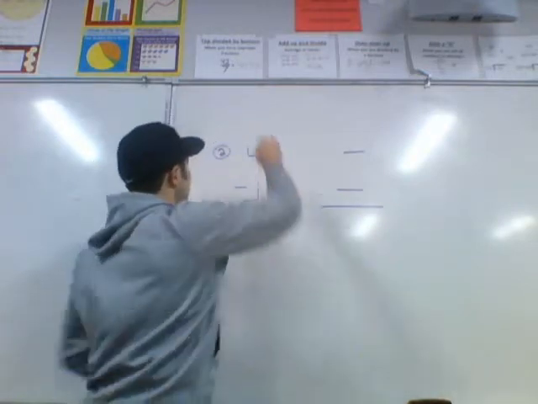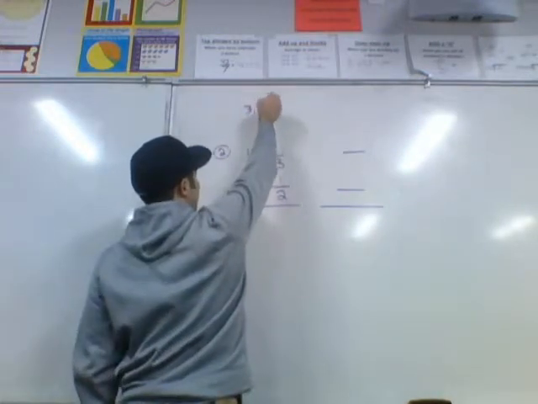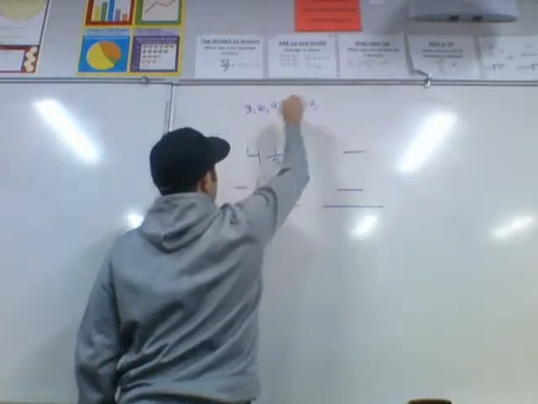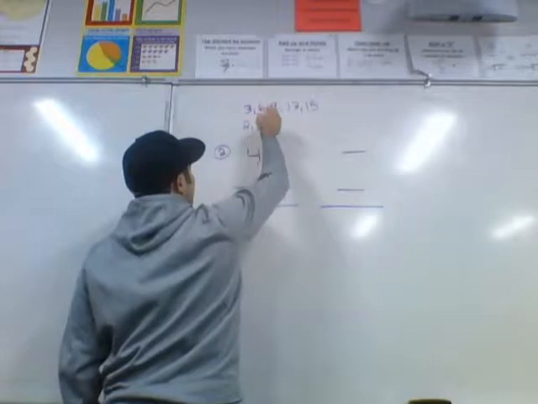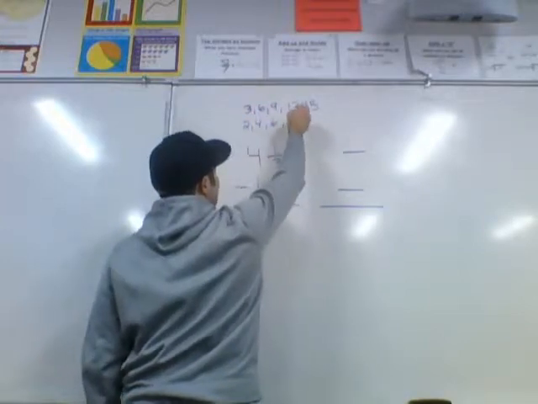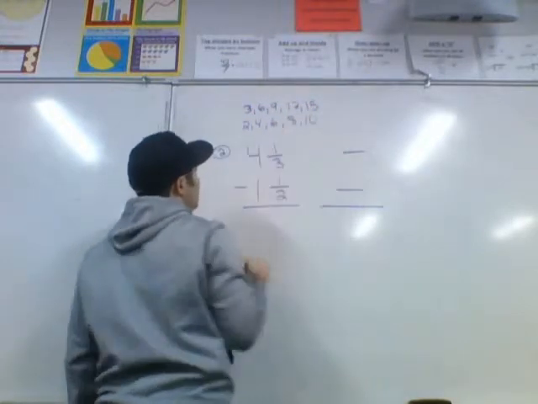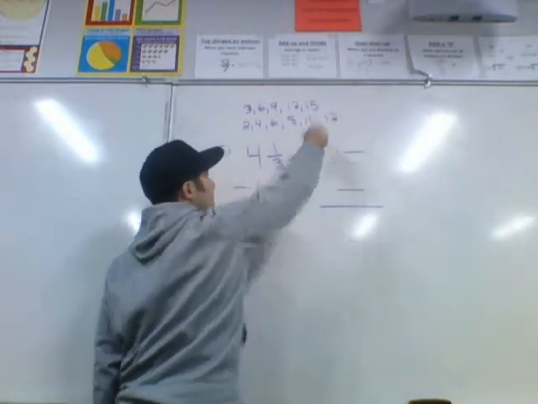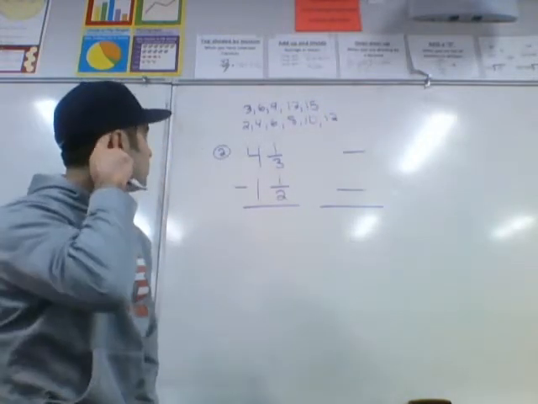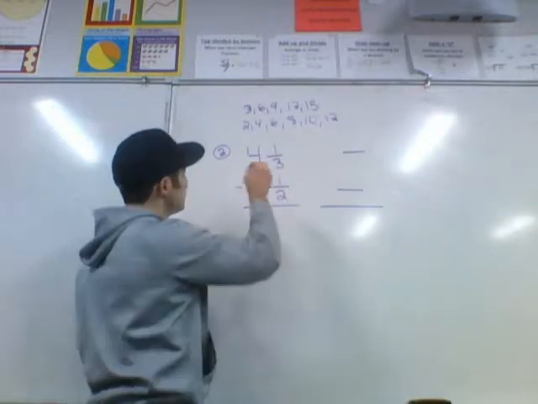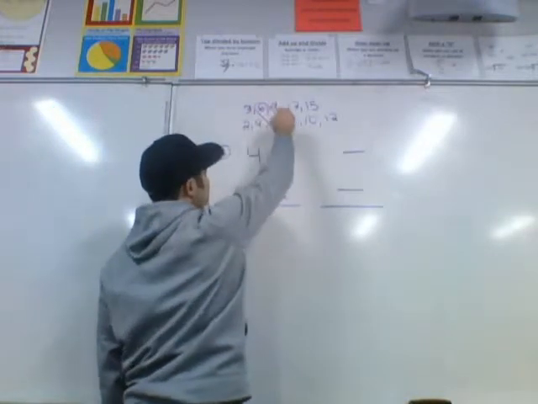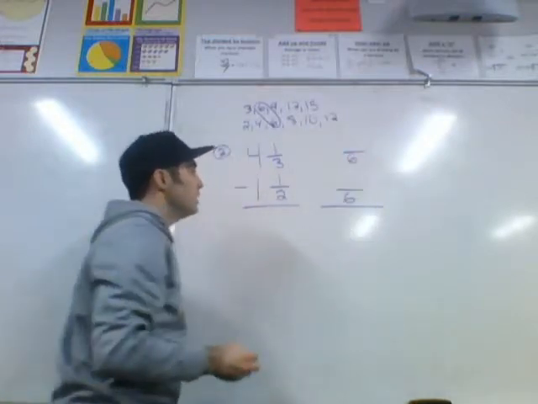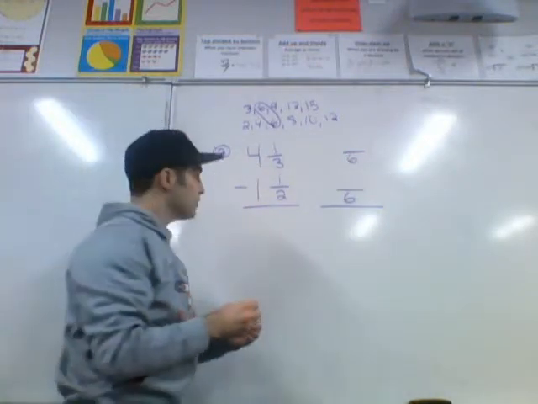Okay, let's do some multiples to find our common denominator. 3, 6, 9, 12, 15. 2, 4, 6, 8, 10, 12. Notice 12 is a common multiple, but we want the least common multiple, which in this case is going to be 6. So that way we have found our denominator. Now we've got to find our numerator.